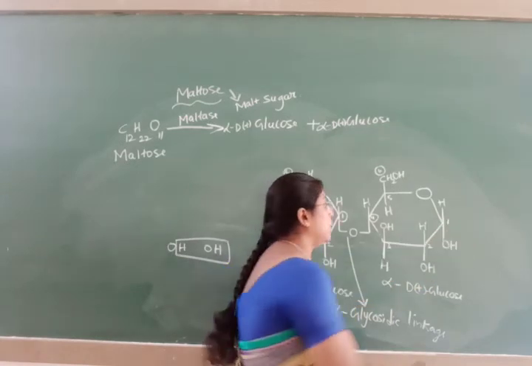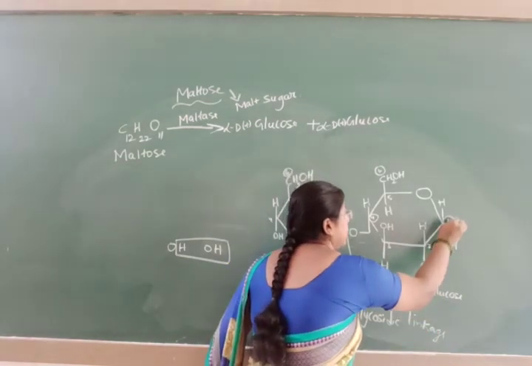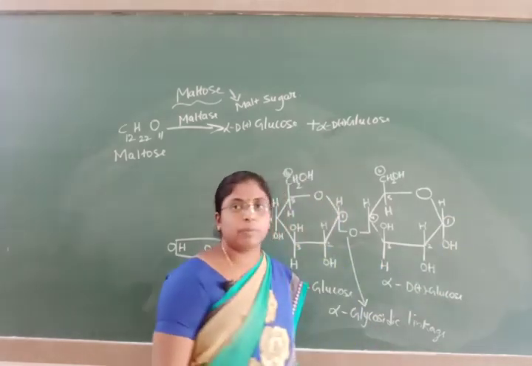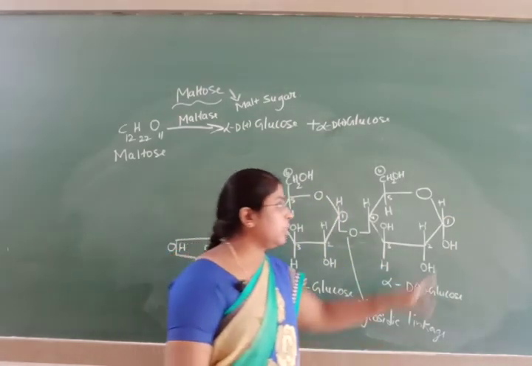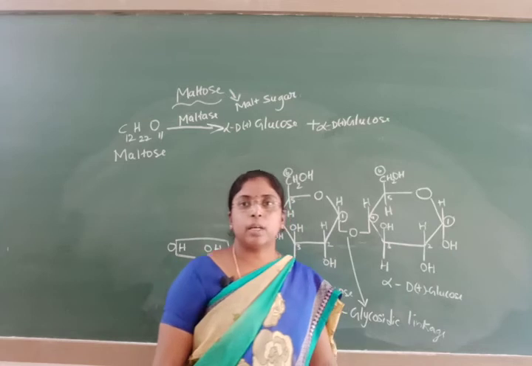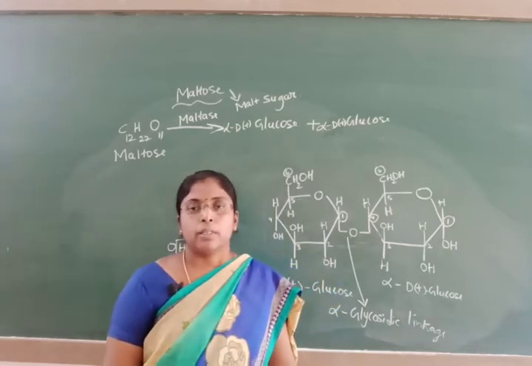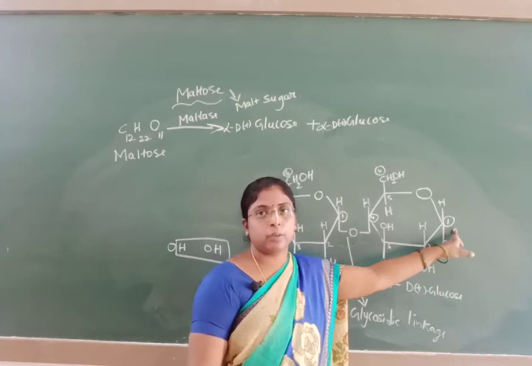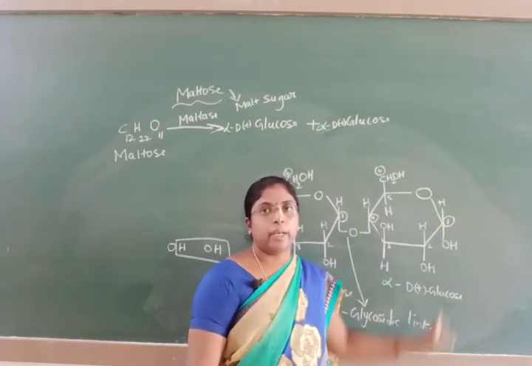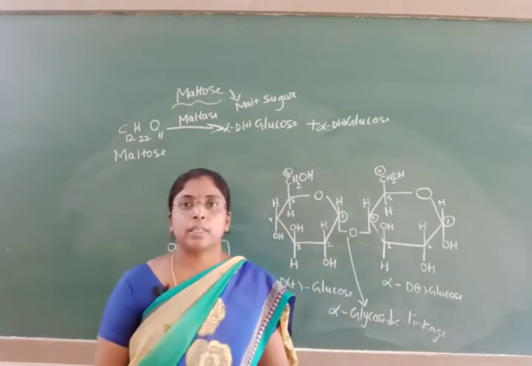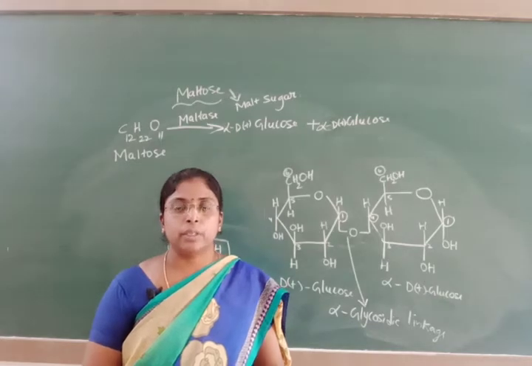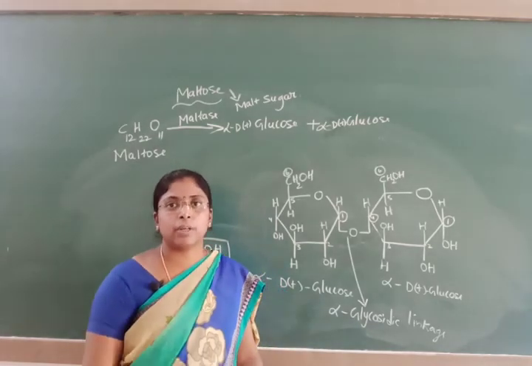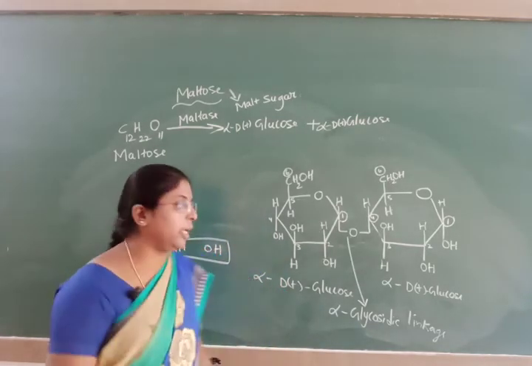The first carbon has an aldehydic group in its free state, as it rearranges itself and forms an aldehydic group. Since the first carbon of one glucose unit forms a free aldehydic group, maltose acts as a reducing sugar. It reduces Tollens' reagent as well as Fehling's solution.